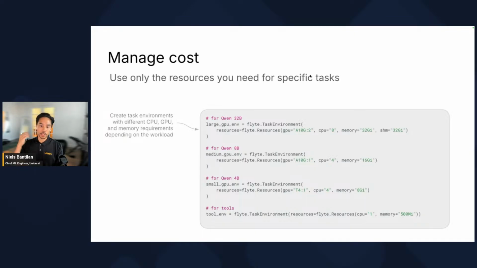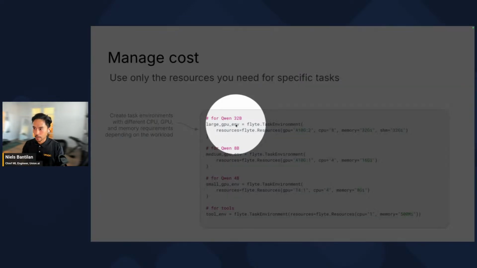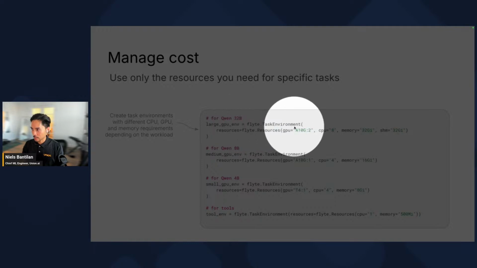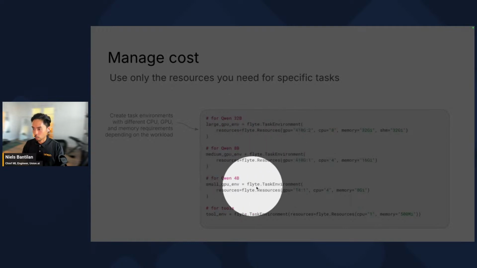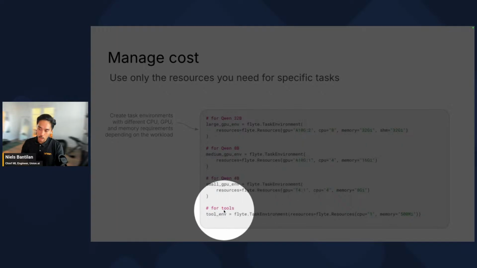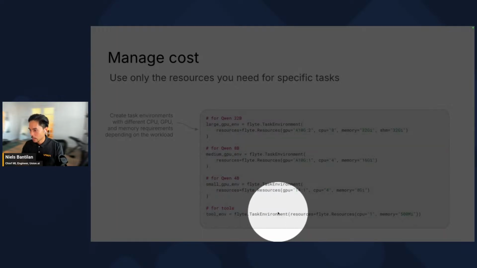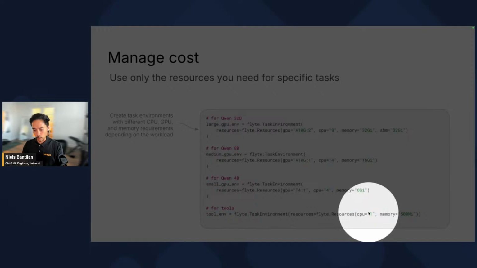So you would basically create a different task environment for each of the different workloads. So you would have one for the Quen 32 billion one. So you'd have different requirements for the 8 billion one. And then for your tool calls, which may have the SQL client installed in it to just do those queries, you'll just need a super lightweight one, for example.